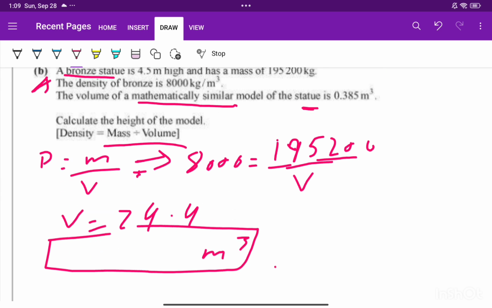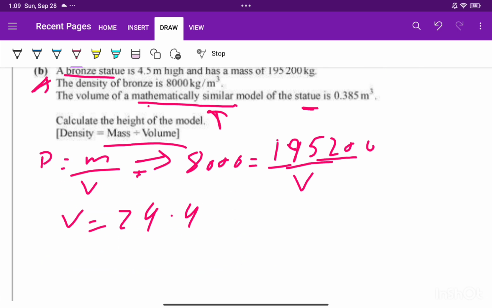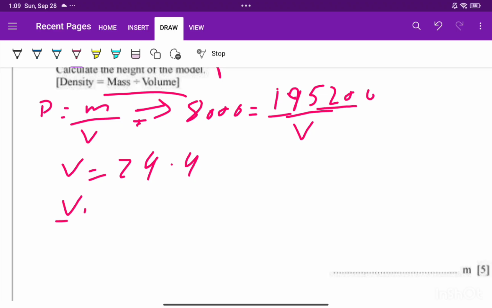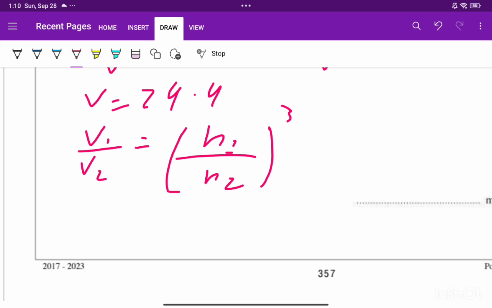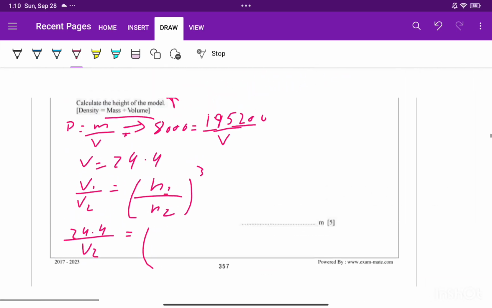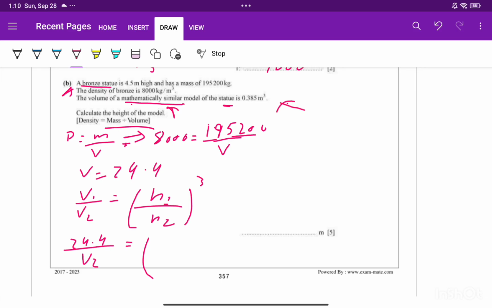Now as these both statues are mathematically similar, we can write that V1 divided by V2 is equal to the cube of the heights of both statues. The volume of the first is 24.4. Oh, wait a minute, we need to find height, and the volume of the second is already given, so it will be 0.385, height 4.5, h2 which we don't know.